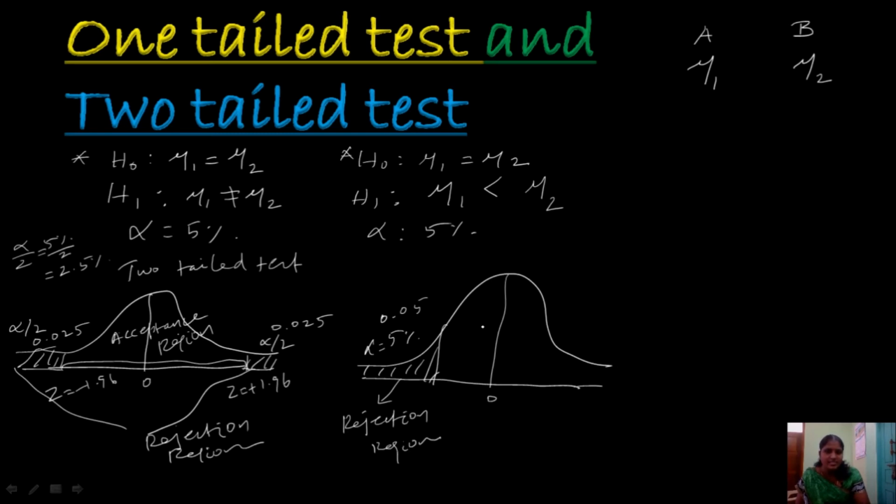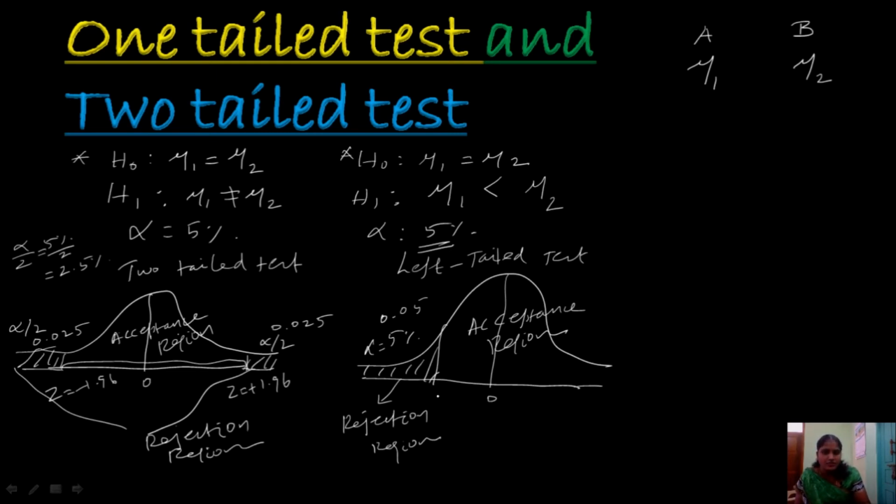The remaining region here is my acceptance region. Actually, the table value of Z at 5% level of significance falls on the left side, that means the critical region falls in the left side tail of a normal curve. So I have to say this is a left-tailed test.